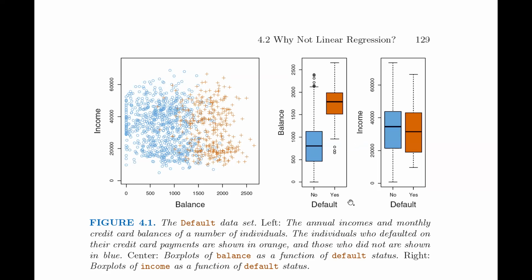So the larger that balance is... actually, let's flip that around. The observations that do default, if you look at their profile, if you summarize them, their median balance is more than double, and this is exactly what you would expect, right?